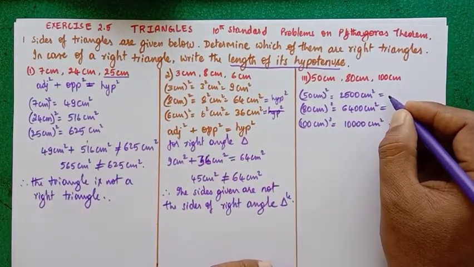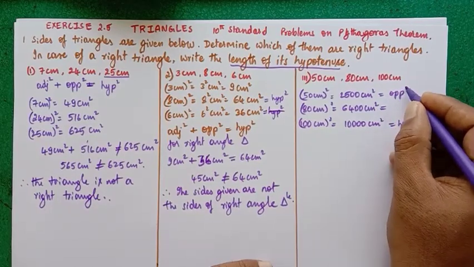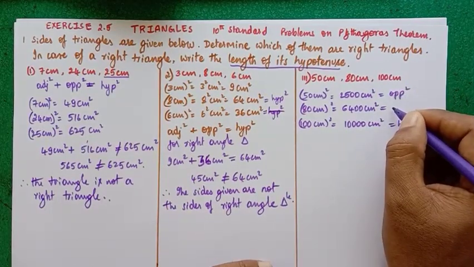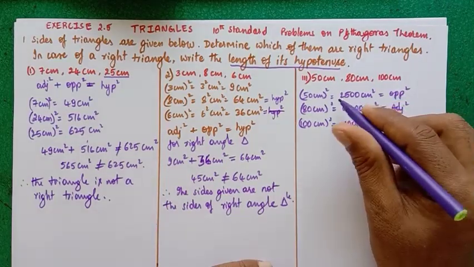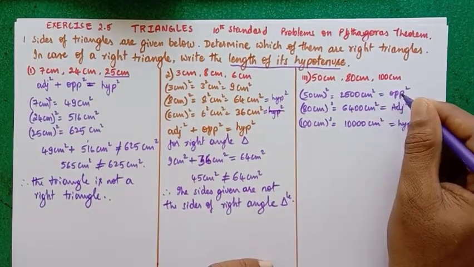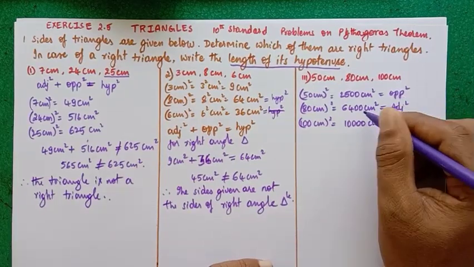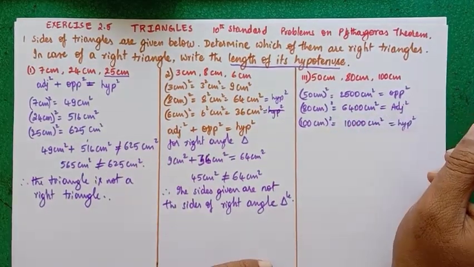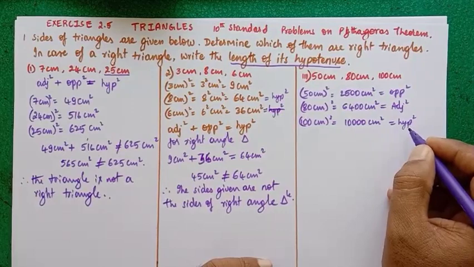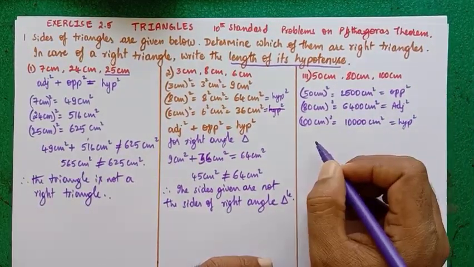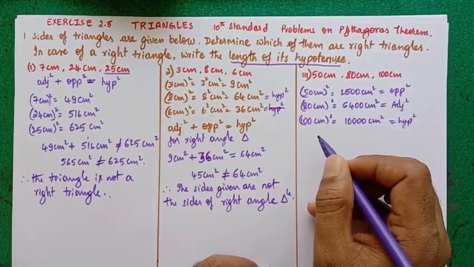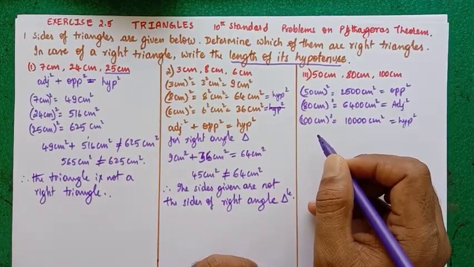If this is opposite side square, then the other is adjacent side square. If you take the first one, 50 centimeter square, as adjacent, then 80 centimeter will be opposite. We can interchange those, but the longest side will not change. That will be the hypotenuse. That has to be taken as hypotenuse to check whether this is a right angle triangle or not.